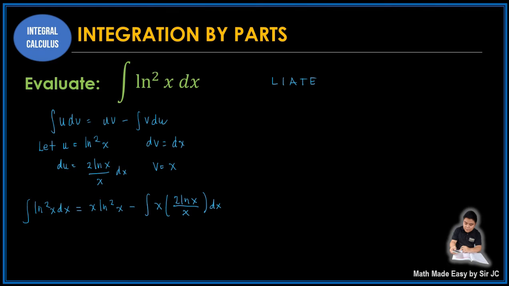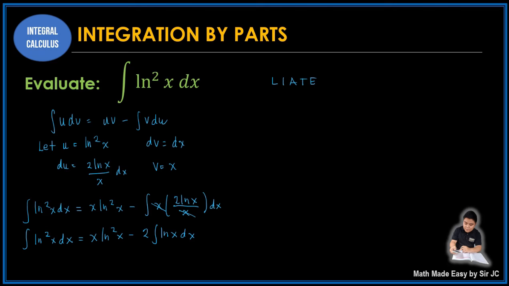Simplifying further, the integral of ln squared x dx is equal to x ln squared x minus, we cancel the x, and bring the constant outside the integral, 2 times the integral of ln x dx. Then how are we going to find the integral of ln x?